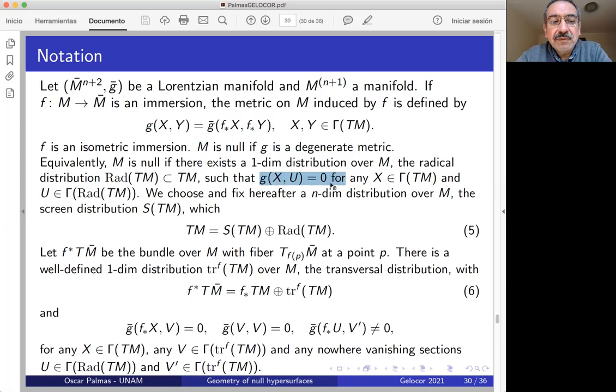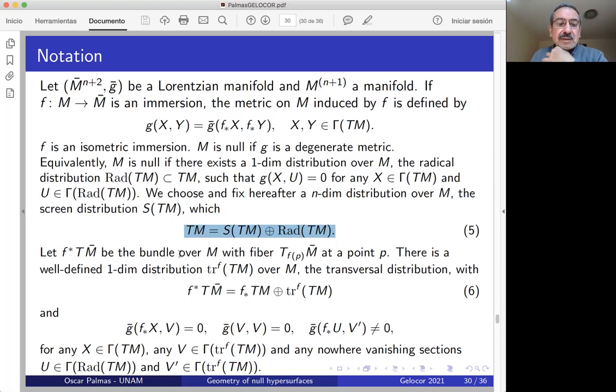All sections of the radical bundle are orthogonal to every other vector field on M. We also fix some screen distribution, which satisfies this kind of direct sum decomposition.